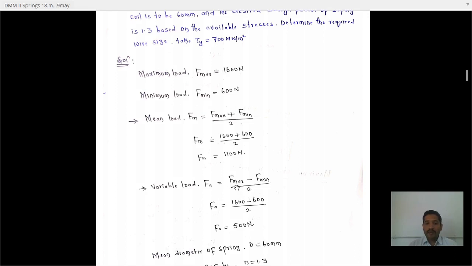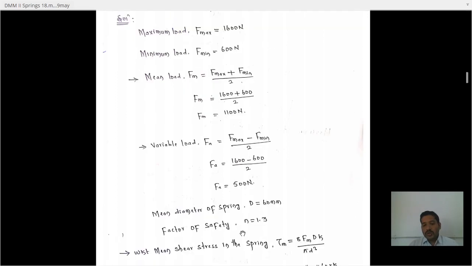So the variable load equals 1600 Newton minus 600 Newton by 2. If you subtract and divide, you will get the answer of 500 Newton.